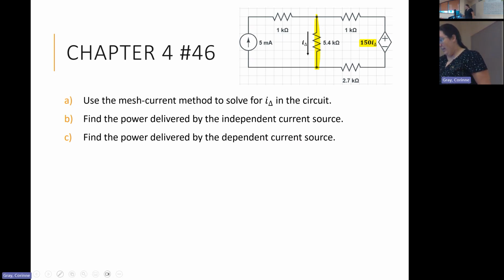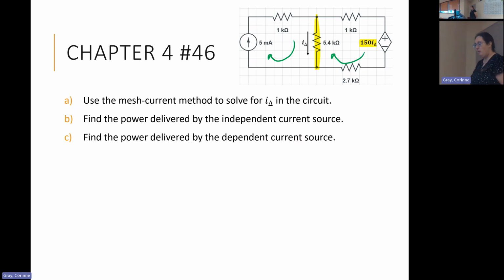That means we're going to have 2 currents inside of this, and we're going to have them both go clockwise, like this. We need to name these 2 currents so we don't accidentally mix them up.